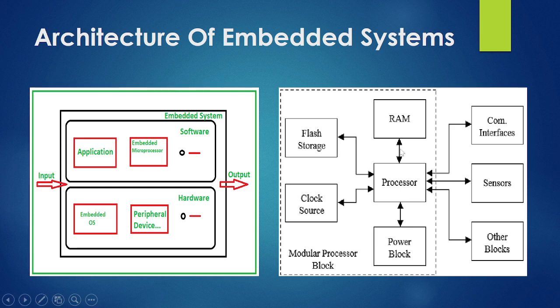They all comprise together to form an embedded system. Sensors are like input, clock is an input device, power is an input device for the processor, but through some different blocks it is giving the output. So we can say an embedded system contains many different blocks.